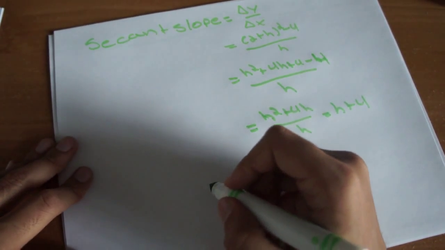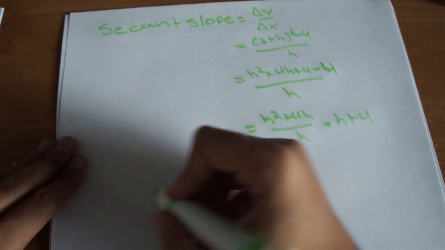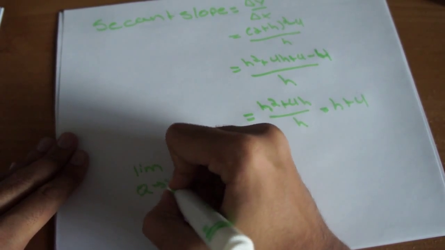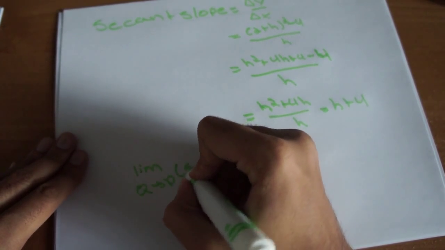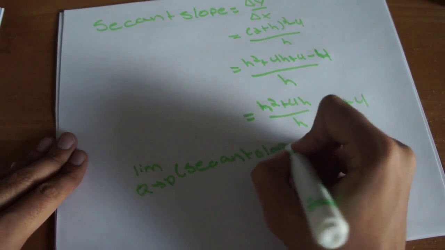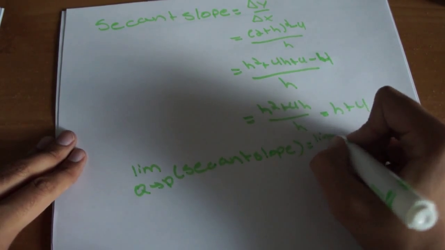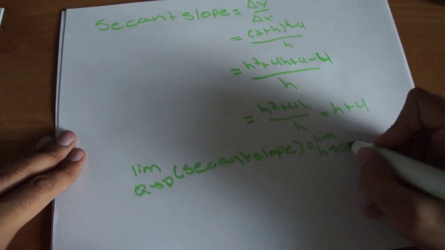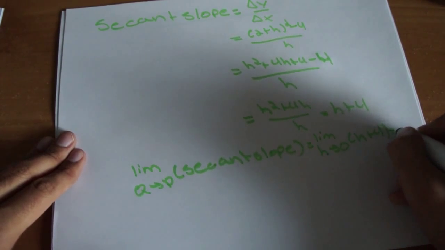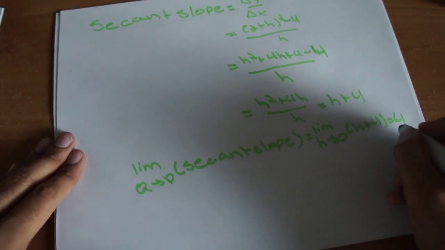Thus, the limit of the secant slope as Q approaches P along the curve is the limit as h approaches 0 of h plus 4, which equals 4.